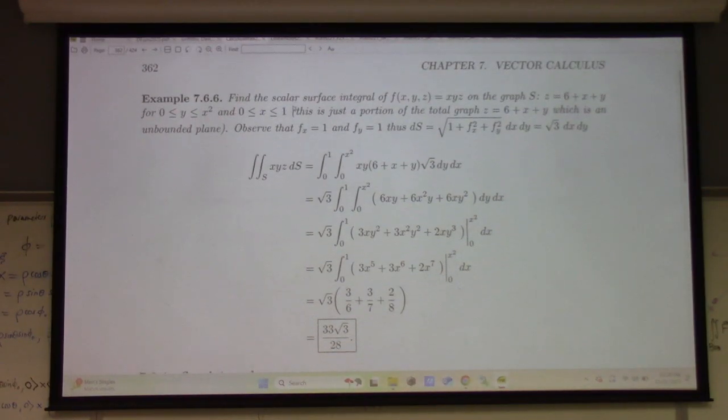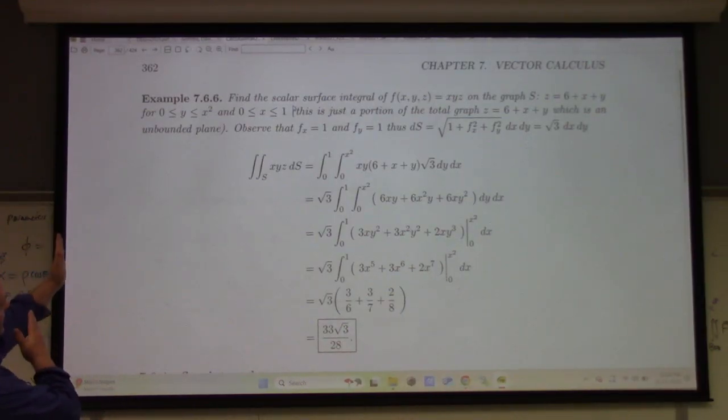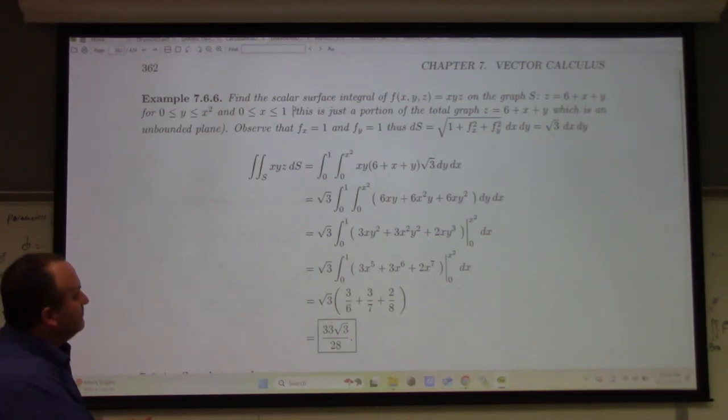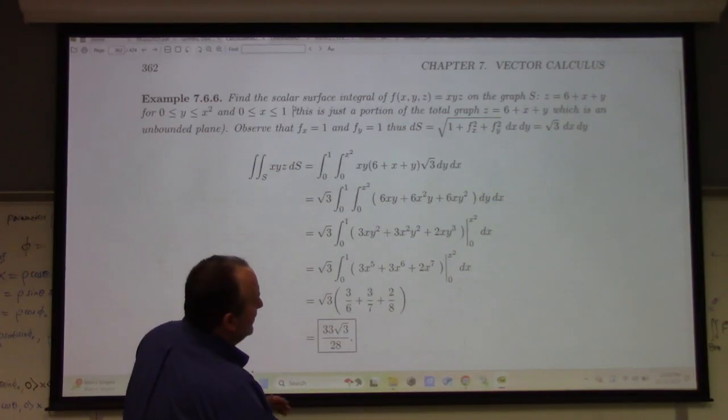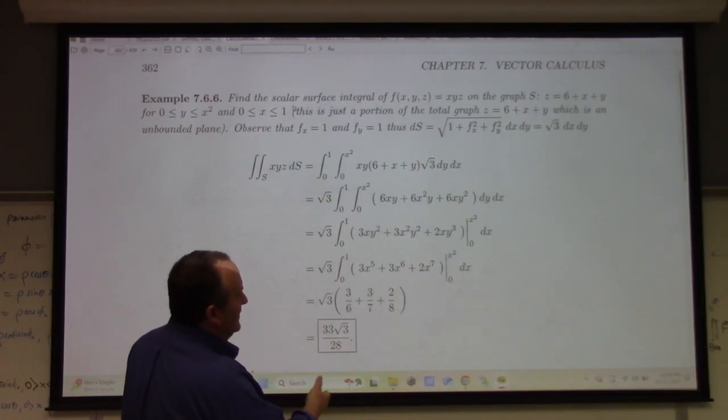Now here's one. Scalar surface integral of the function xyz on the graph z equals x plus y, between y equals 0 and y equals x squared, with x going from 0 to 1. This is a kind of weird subset of the plane with normal whatever. I guess the upward pointing normal would be -1, -1, 1.